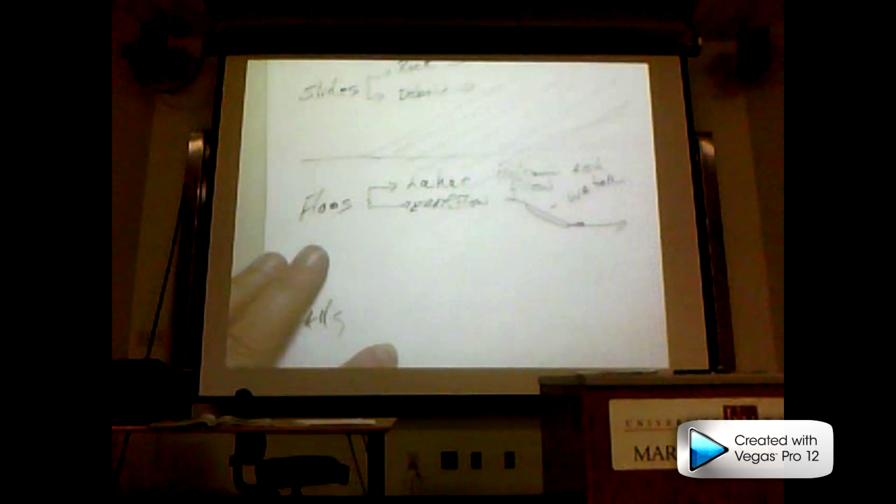It retains its shape, just slides down as a very, very even, continuous mass. But the difference between a flow and a slide is the water content. Water content here is over 30%.